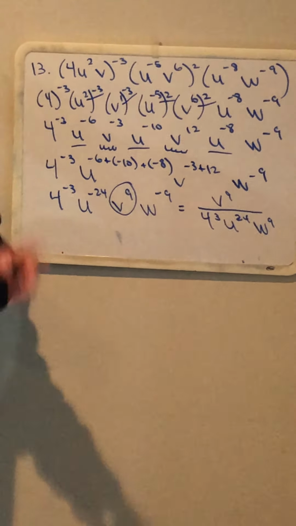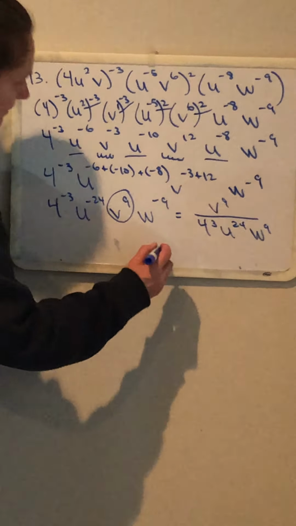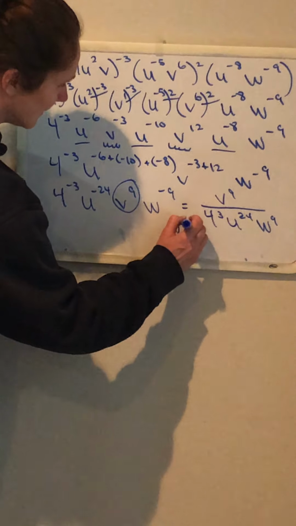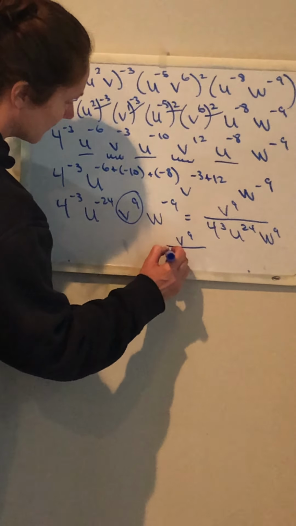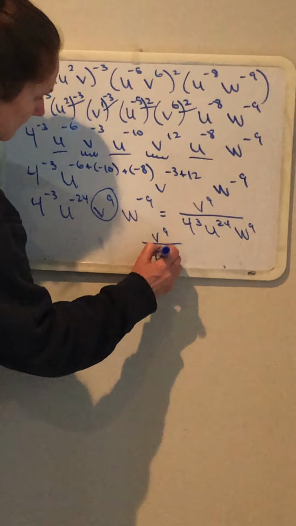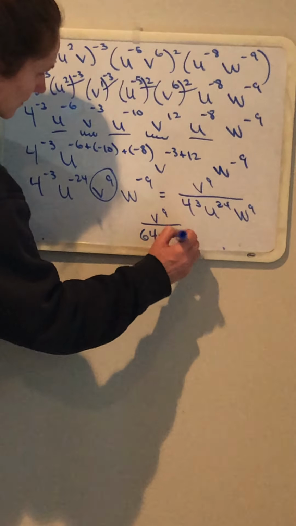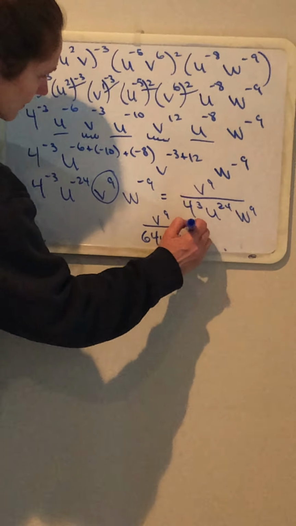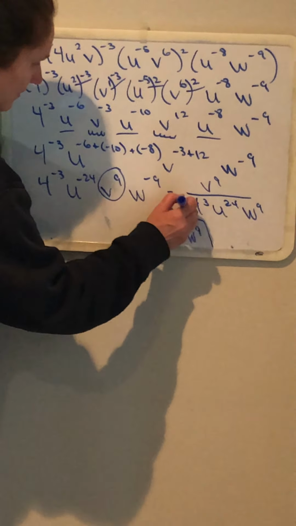Last thing, 4 to the 3rd is 64. So your final answer is v to the 9th over 64, u to the 24th, w to the 9th.